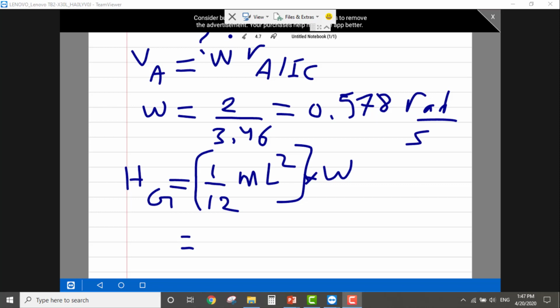Okay, and this is equal to 1 over 12. Mass of the cylinder rod is 5 kilogram multiplied by length of this rod, which is 4 meter, multiplied by omega, which is 0.578.